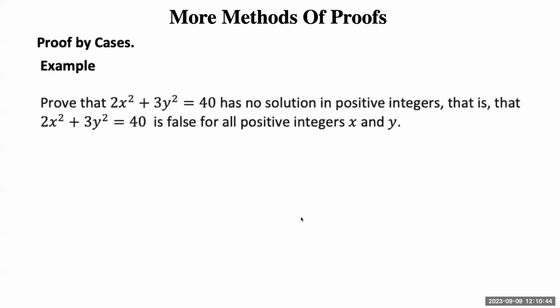A nifty example of proving something by cases is this one. I want to prove that 2x squared plus 3y squared equals 40 has no solution in the positive integers. So that is, 2x squared plus 3y squared equals 40 is false for all positive integers x and y.